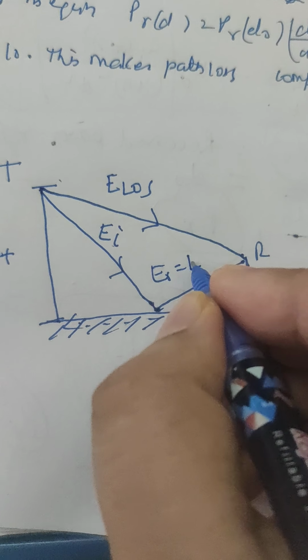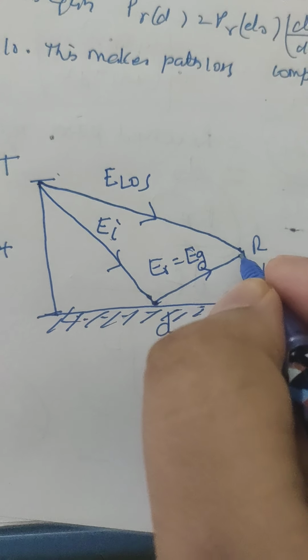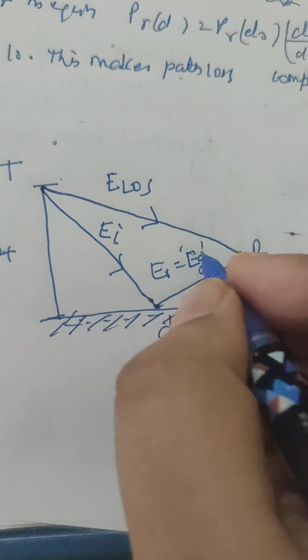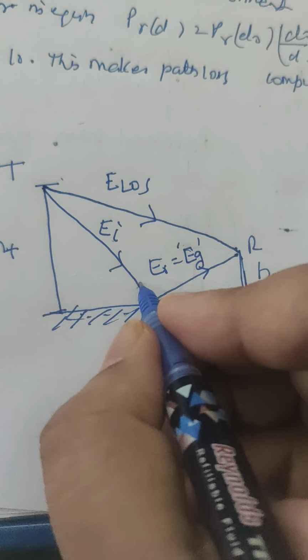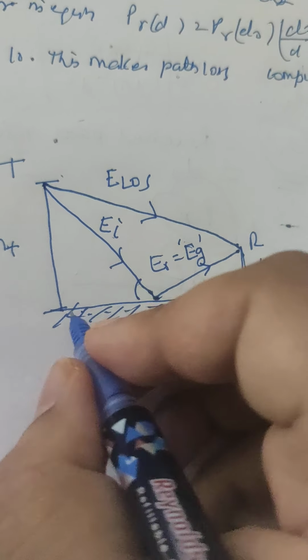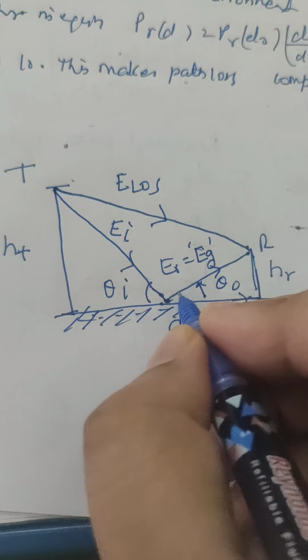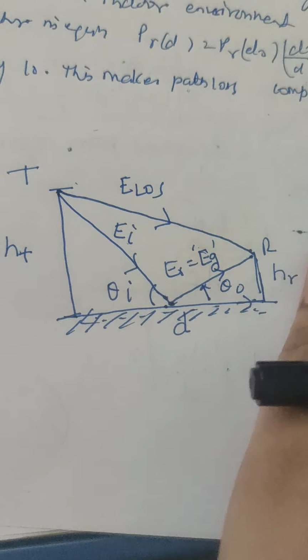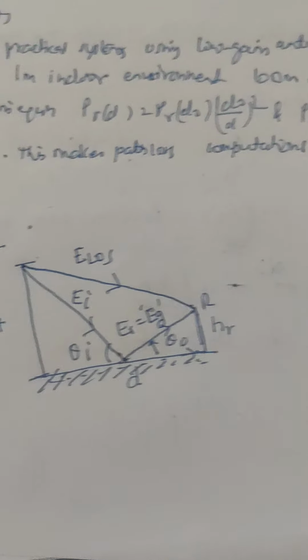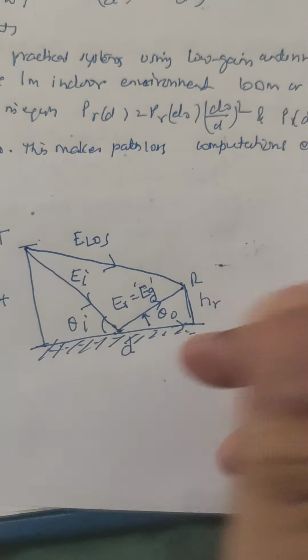which is given by E_R, and the final received field is E_T. The angle between the incident ray and the earth is theta i, and the angle between the reflected ray and the surface is theta 0.